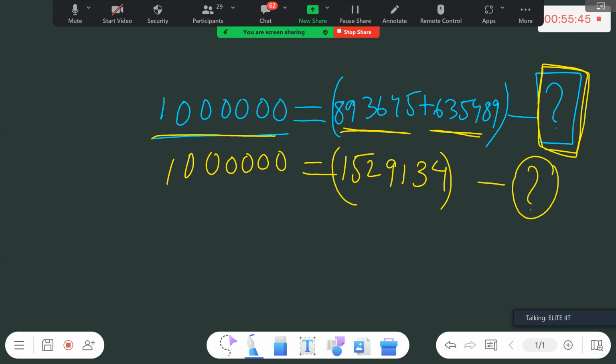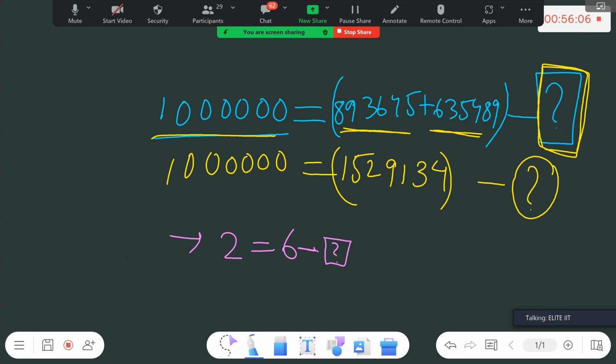Yeah, so see, for example, suppose instead of all this you have this, okay? 2 equal to 6 minus something, clear?